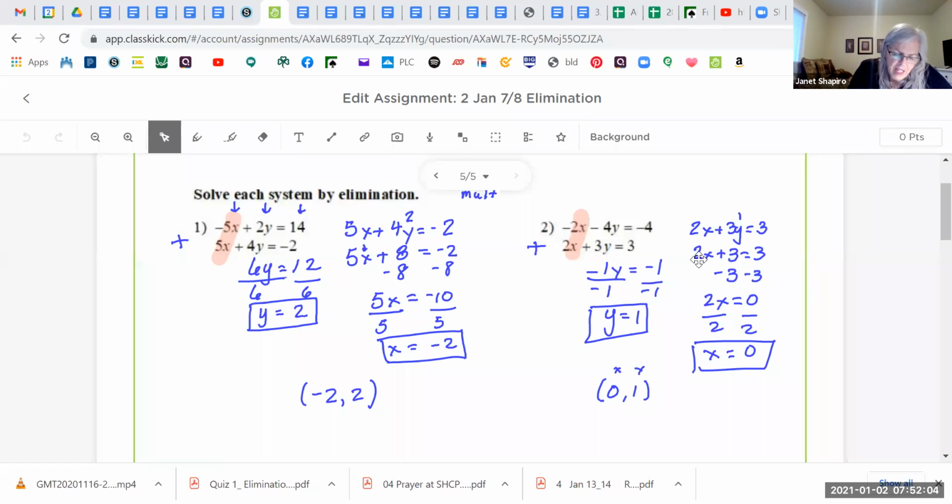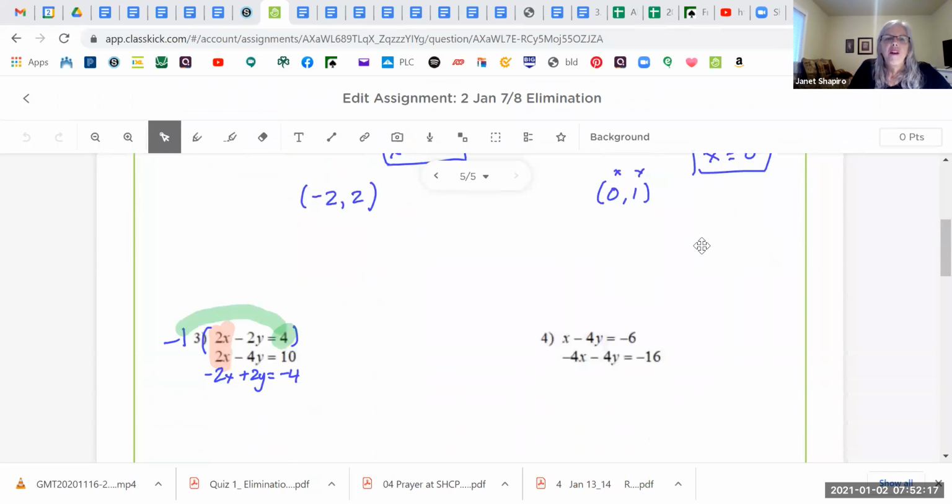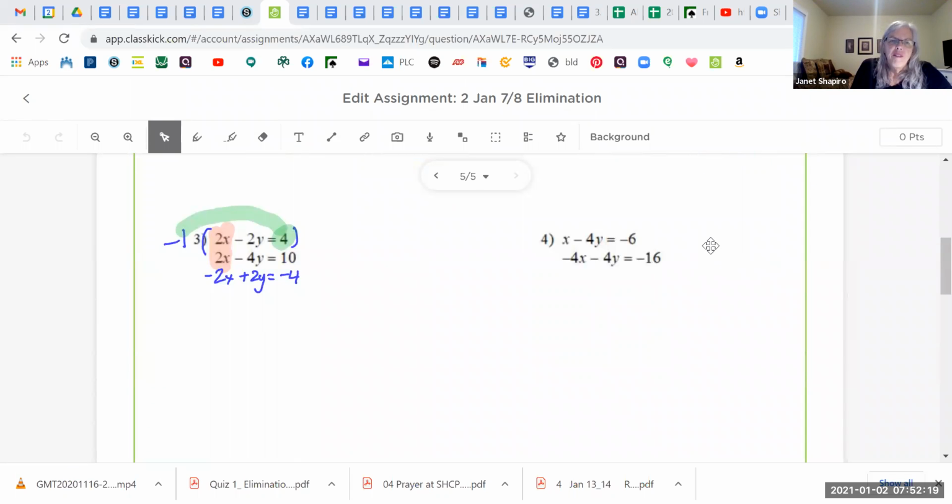The most common mistake on these problems is forgetting to multiply what's after the equal sign too. So it's important to make sure that you multiply what's after the equal sign. All right.